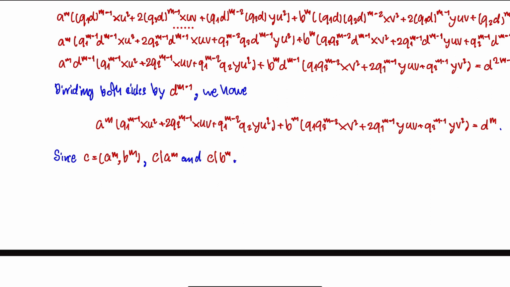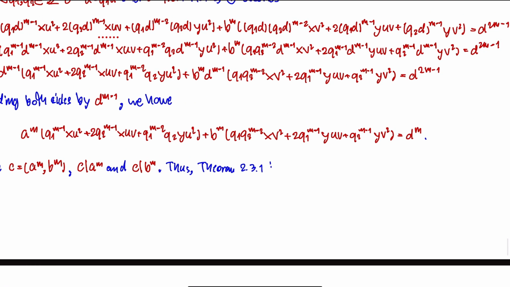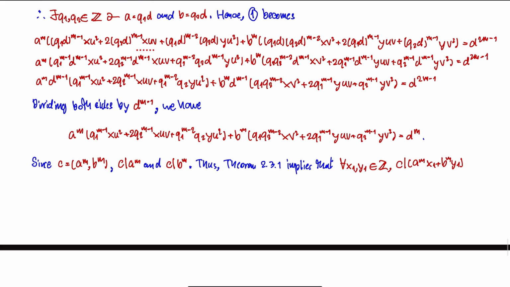According to the property of divisibility, by theorem 2.3.1 in the last property, it implies that for all integers x1, y1, c divides a to the m x1 plus b to the m y1. This is what we have right now, right?